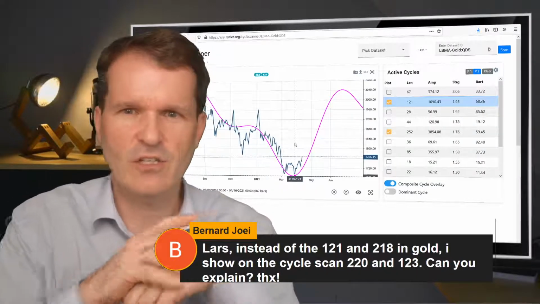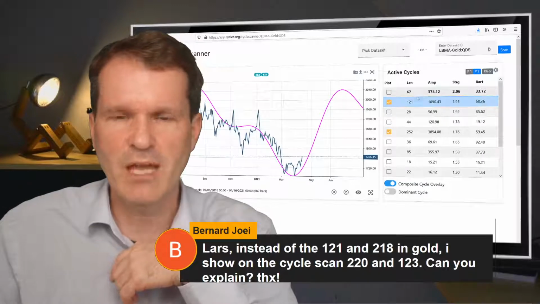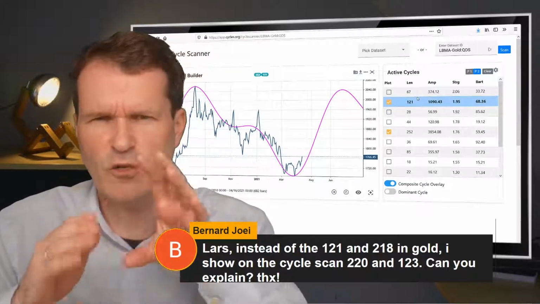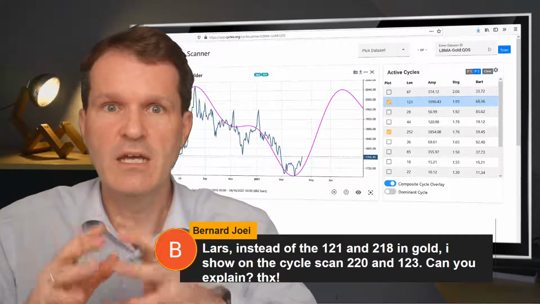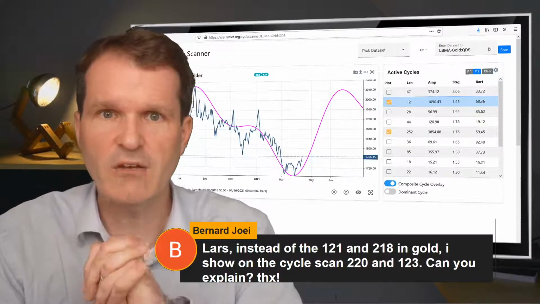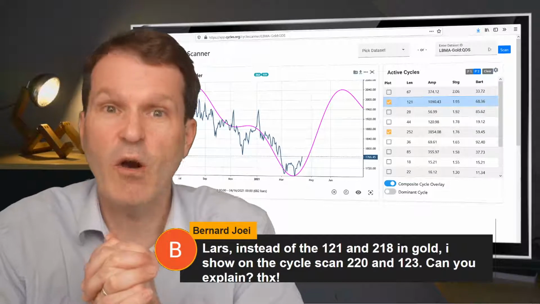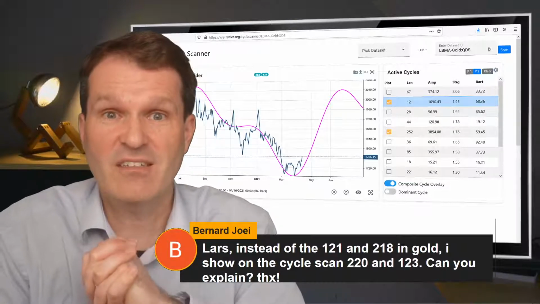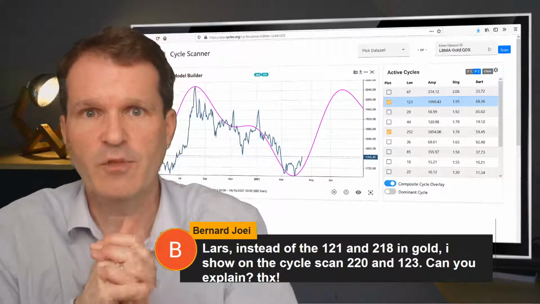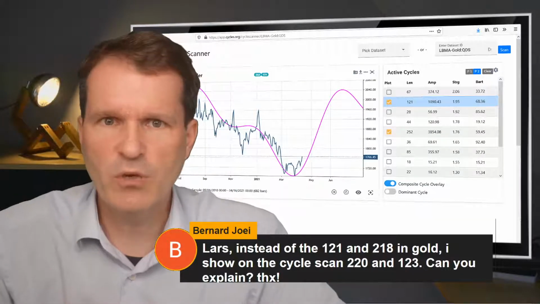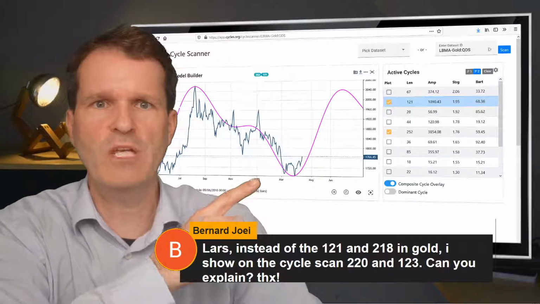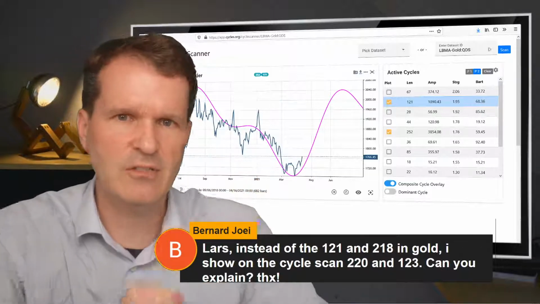The phase is not listed here in the table, so maybe you always look at the length, and it's not 121, it's 123. You don't need to be afraid of that, because the phase of the cycle is at least as important. If you detect the same length, but the phase then jumps around, it won't help you in any projection. And that's what I show here, even if I use slightly different offsets.